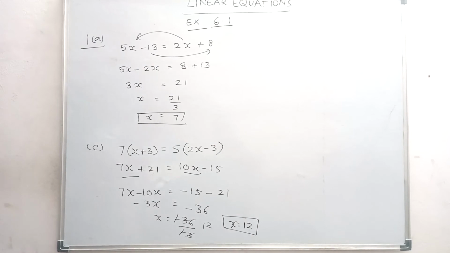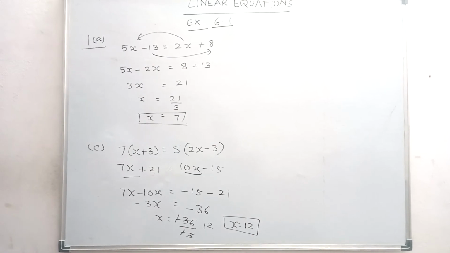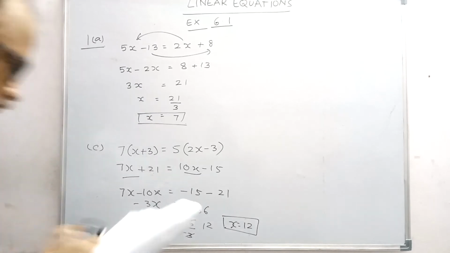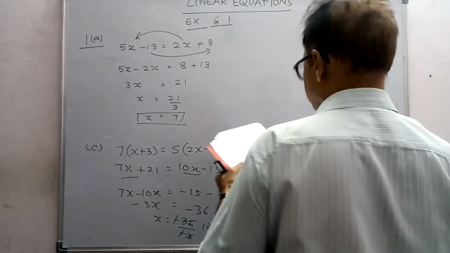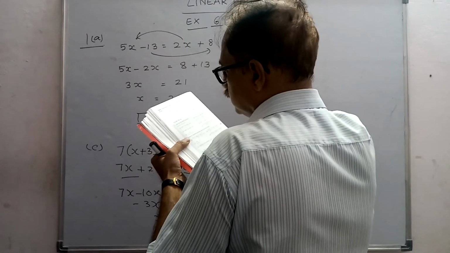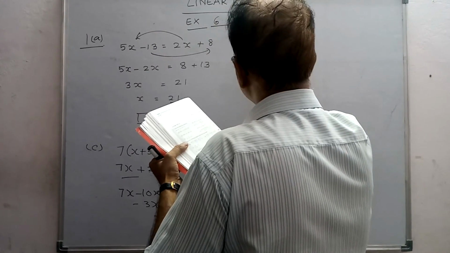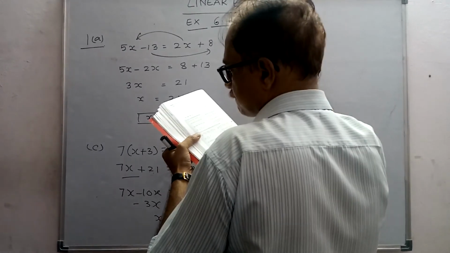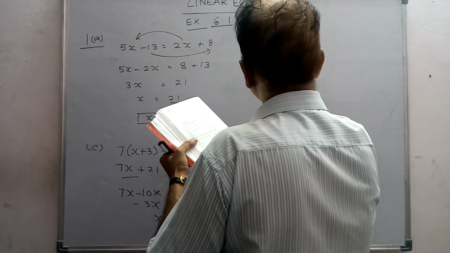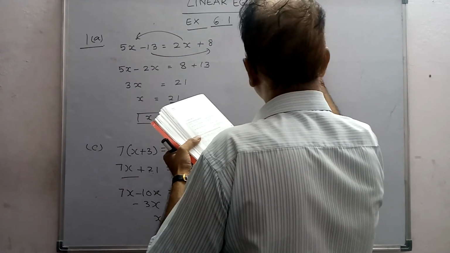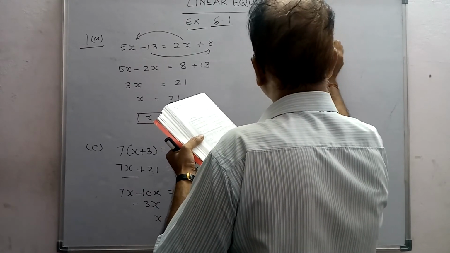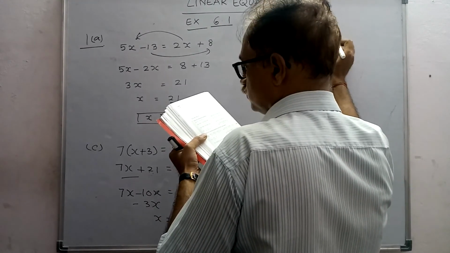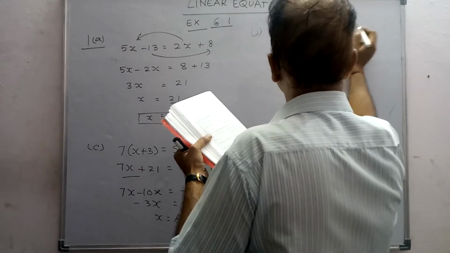You see one more question here, 1j. J says 6 upon 3x minus bracket 3 minus 4x bracket closed is equal to 3 by 2.